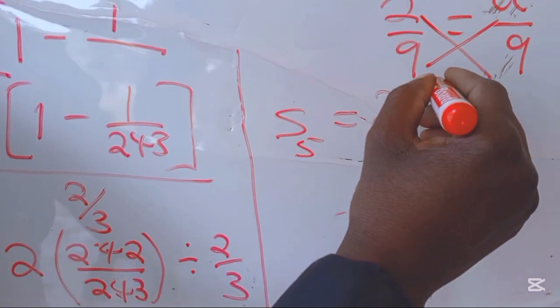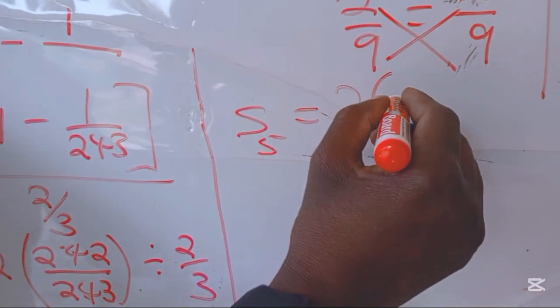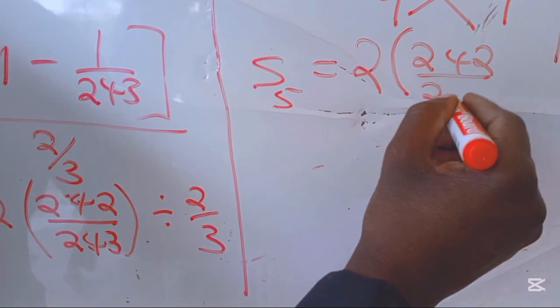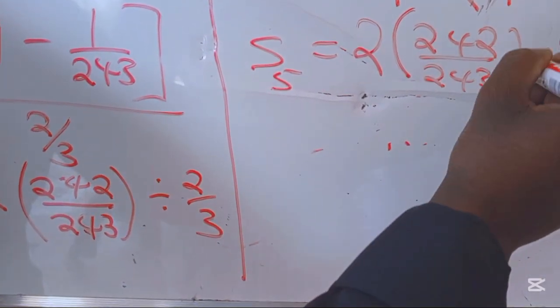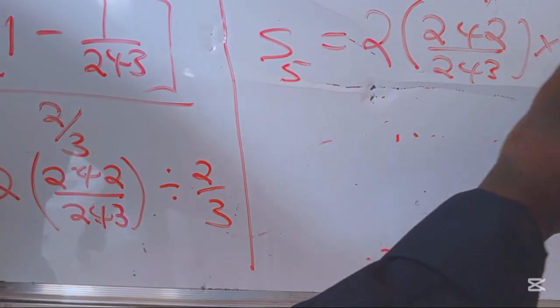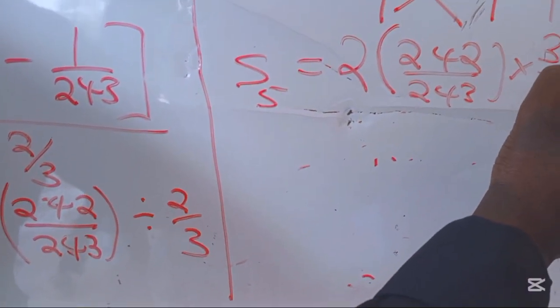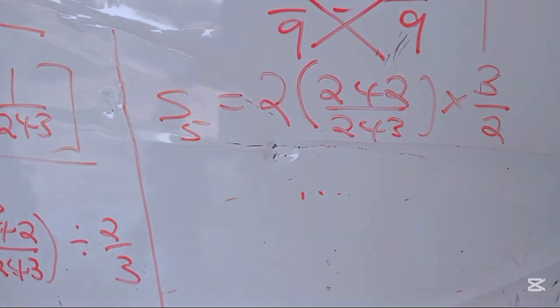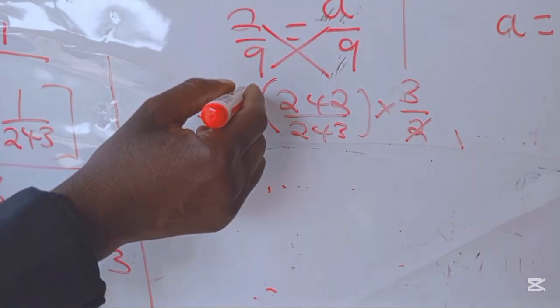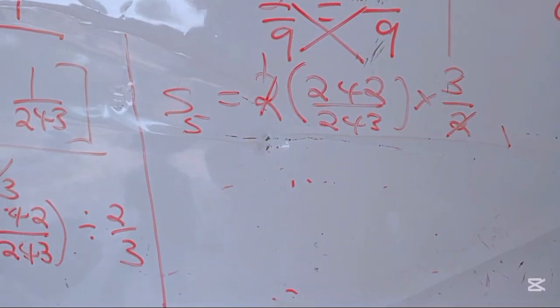This is 2. Inside here, remember, I haven't multiplied, there is a 242 over 243, multiplied by, now it has changed, this one goes up over 2. The 2 at the bottom goes, the 2 there goes. You agree with me?